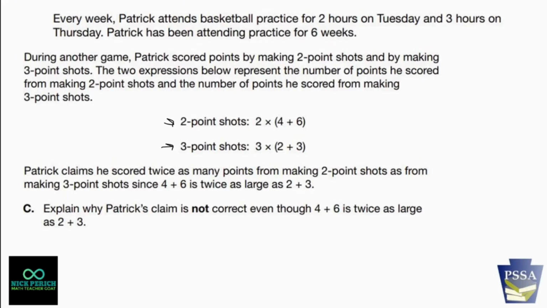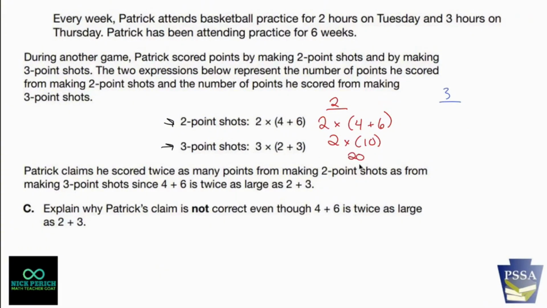All right, so let's look at our 2-point shots versus our 3-point shots. This is the equation for 2-point shots. 2 times parentheses 4 plus 6. PEMDAS says we do everything in parentheses first. 4 plus 6 is 10, and now all I have to worry about is 2 times 10, which is 20.